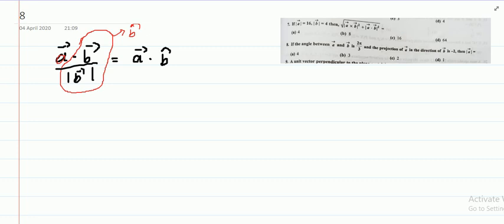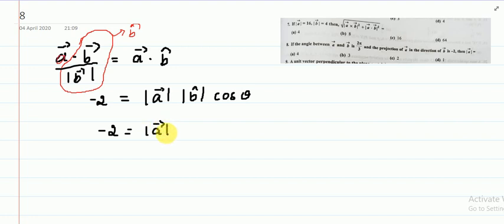Now, by the dot product formula, this is equal to magnitude of A into magnitude of B cap into cos theta, where theta is the angle between A and B. This is given as minus 2, therefore minus 2 is equal to magnitude of A into magnitude of B cap, which will be 1, because B cap is a unit vector, into cos 2 pi by 3.